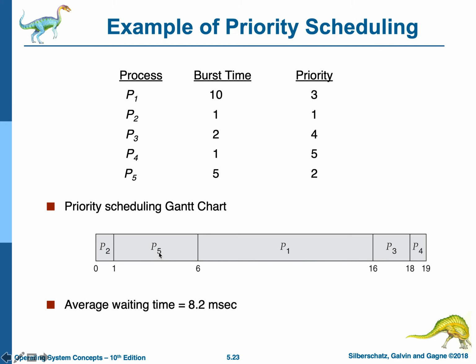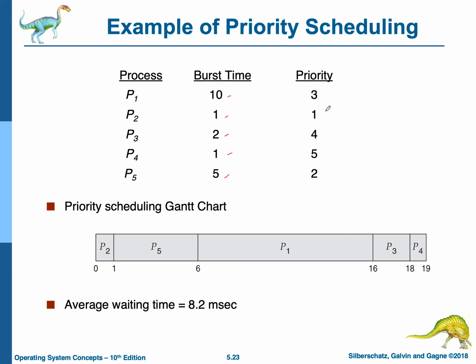Okay. Now here we see process 1, process 2, process 3, process 4, process 5. Here we don't consider the CPU burst time. Here we consider the priority. Now priority, when you are programming, you might have already done in your Java course, whenever you set the priority of a process to execute.